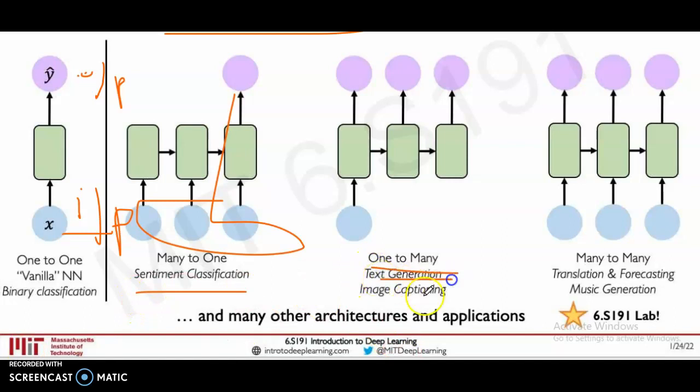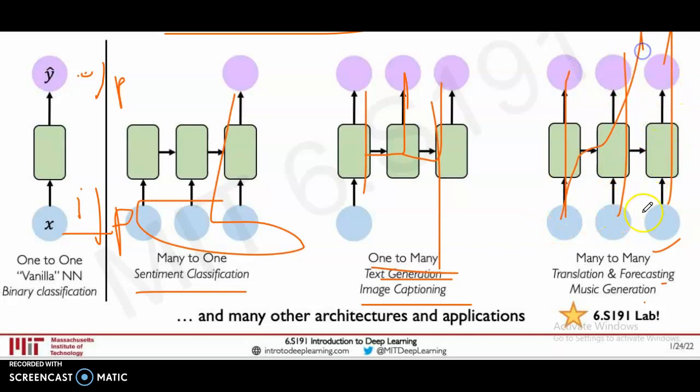One-to-many is text generation and image captioning. Many-to-many covers translation, forecasting, and music generation.